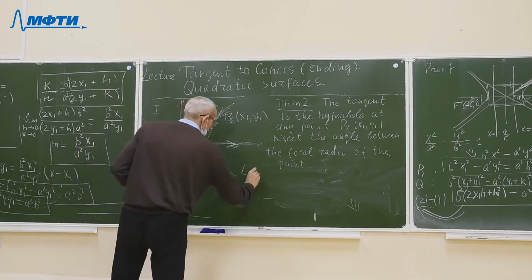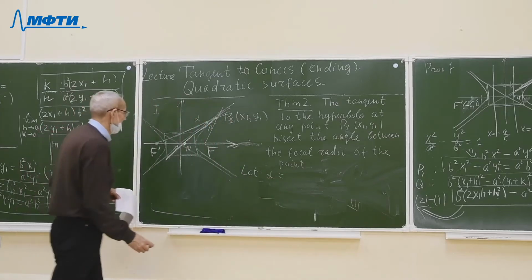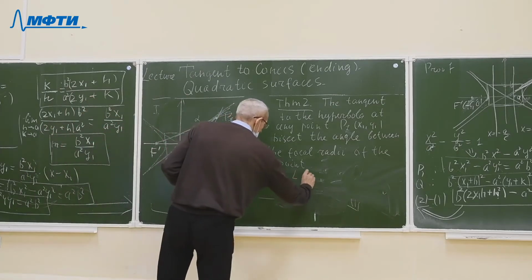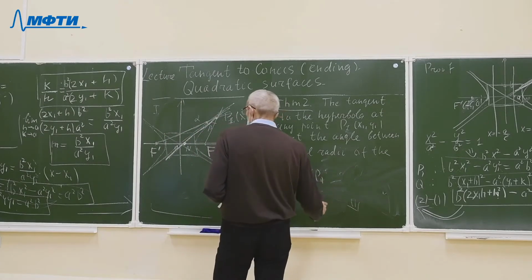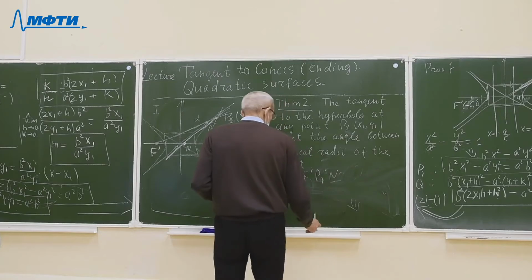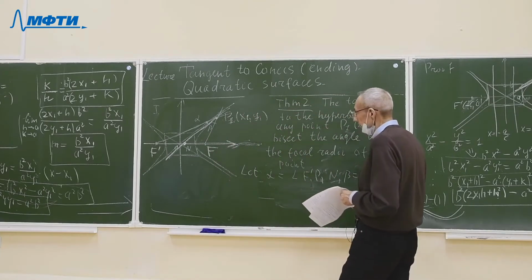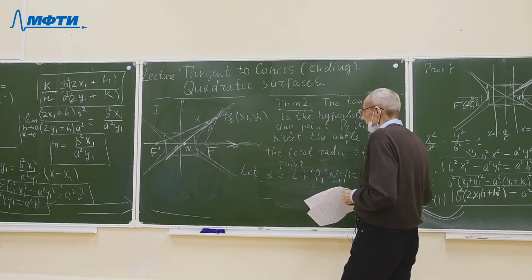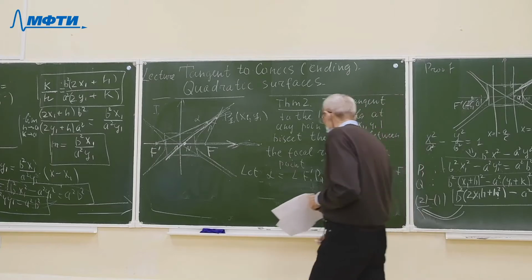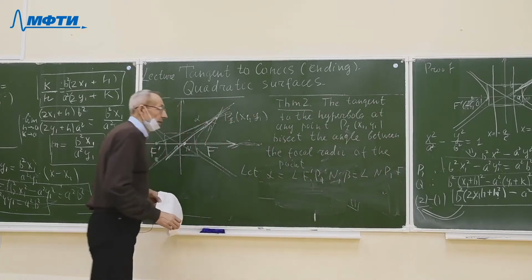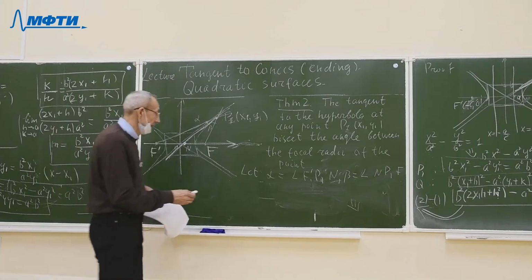Let alpha be the angle F prime P1 N, and beta be the angle N P1 F. And we can briefly formulate the assertion of this theorem.